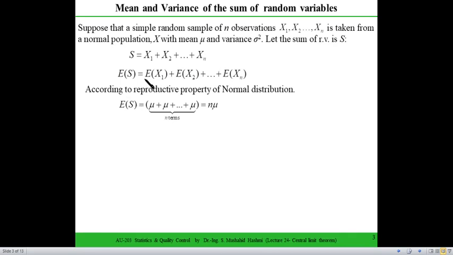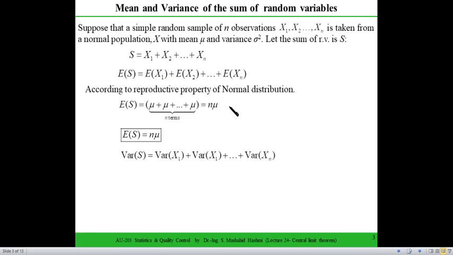Here the expected value of x1 would be mu because it belongs to a normal population. Similarly, the expected value of x2 would be mu, and so on. Altogether we have n terms, so the expected value of the sum of the random variables S would be equal to n times mu. Here n is the number of random variables we are summing up. This becomes the formula for the expected value of the sum of random variables, which is just the number multiplied by the population mean.